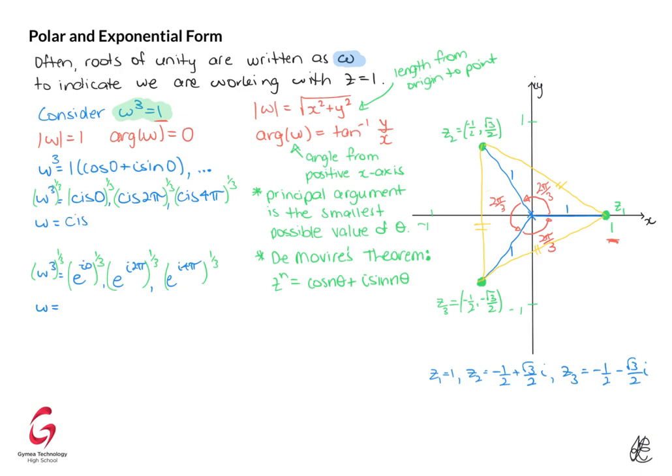So 0 divided by 3 is still going to give me 0, but 2 pi divided by 3 is 2 pi on 3, and 4 pi on 3 is just outside our normal domain.